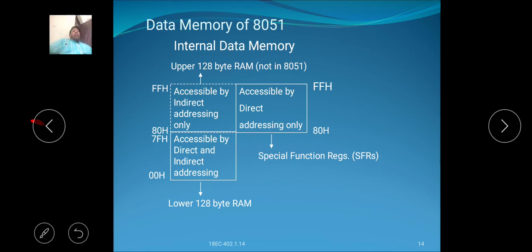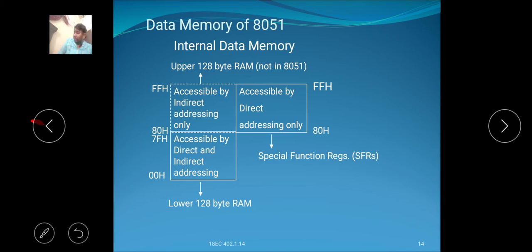The data memory of the 8051: the internal data memory has a lower 128 bytes of RAM, 00H to 7FH, accessible by direct and indirect addressing.